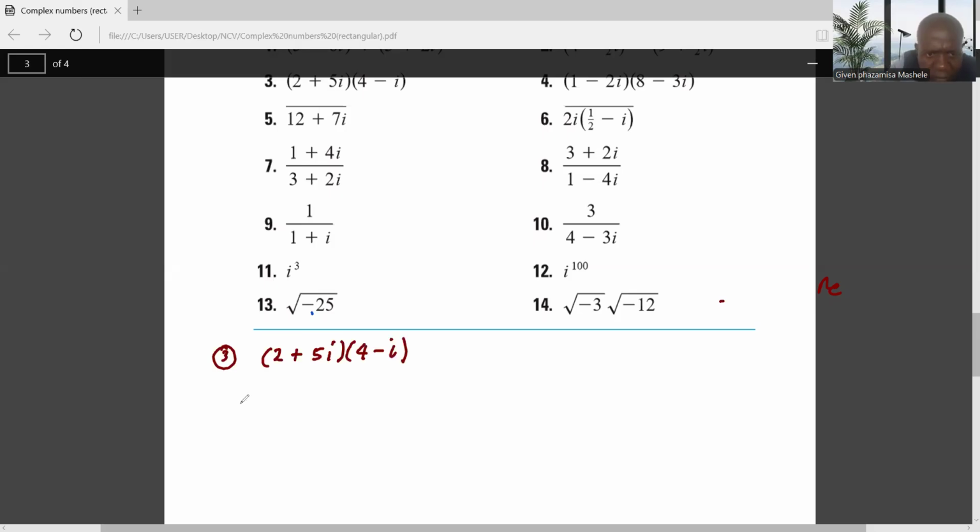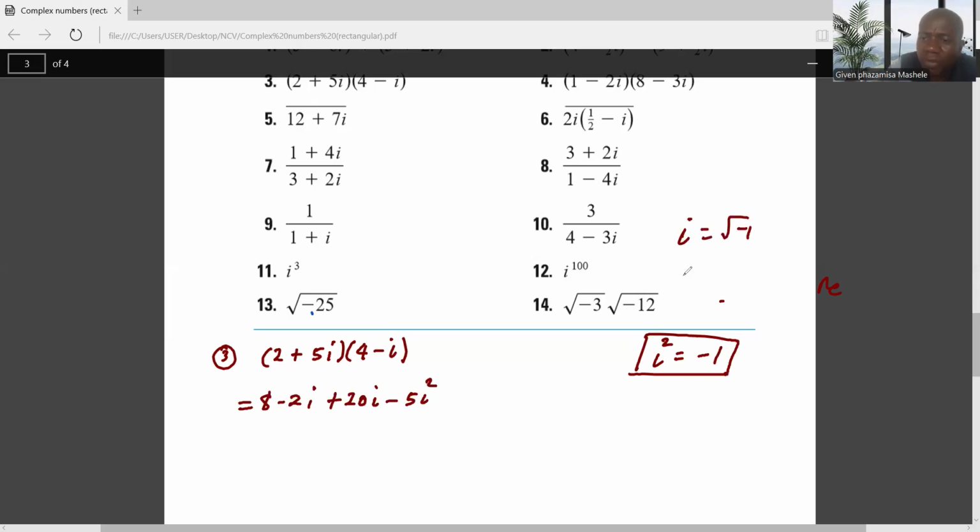Let's remove the brackets. 2 times 4 is 8. Positive 2 times minus i is negative 2i, plus 20i, minus 5i squared. And we know that i squared is equal to -1 because i is the root of -1.